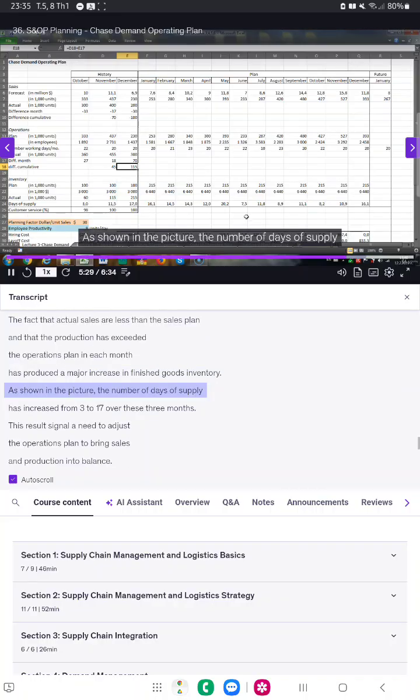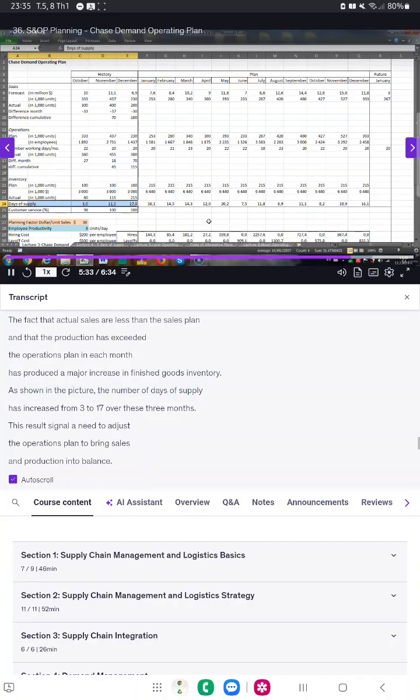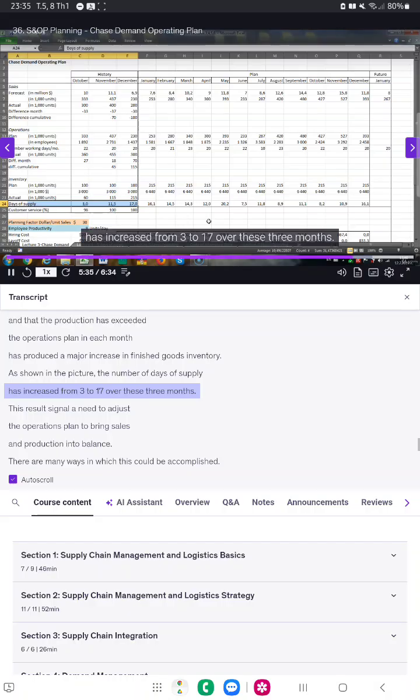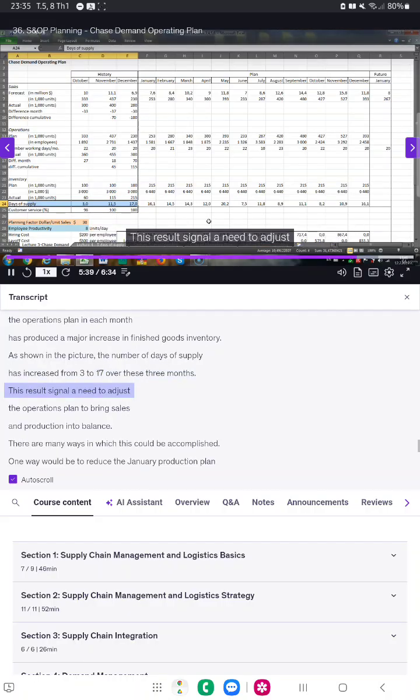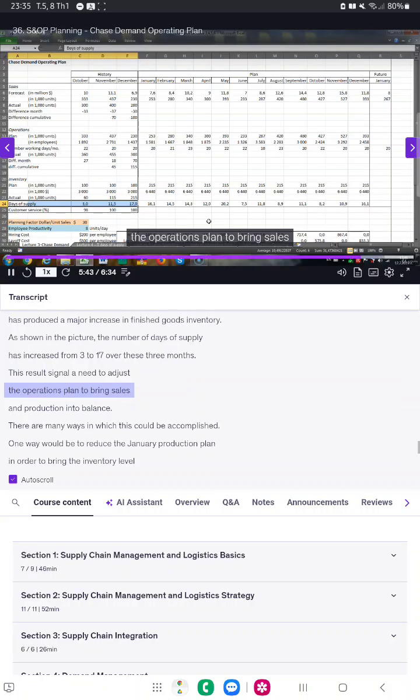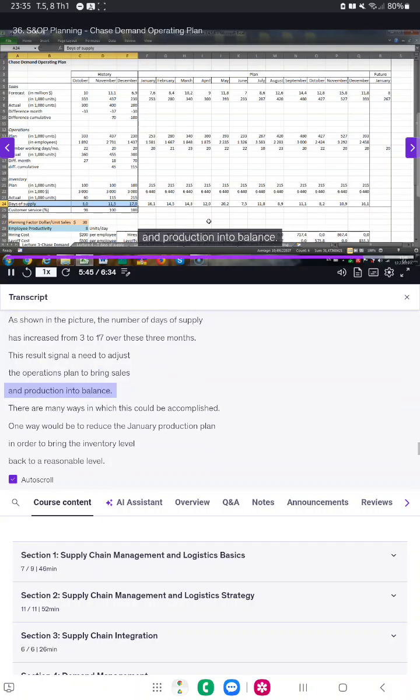As shown in the picture, the number of days of supply has increased from 3 to 17 over these 3 months. These results signal a need to adjust the operations plan to bring sales and production into balance.